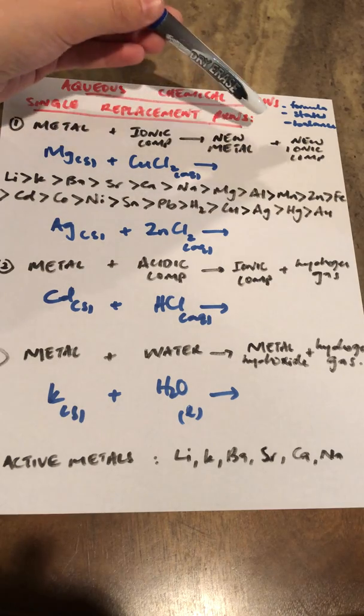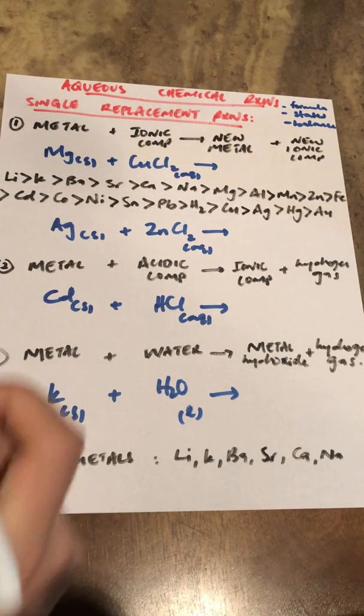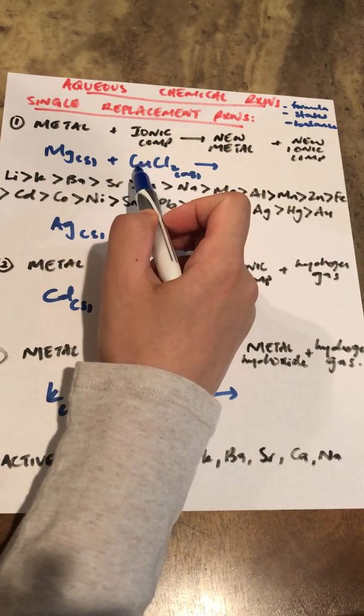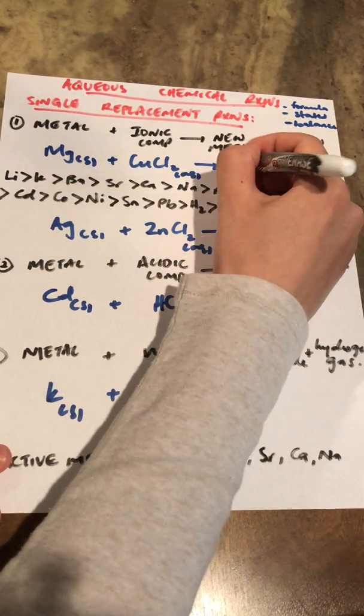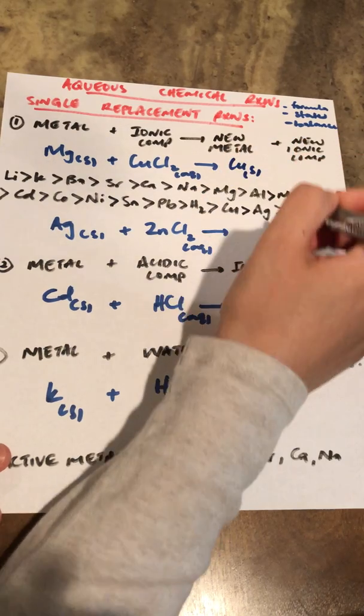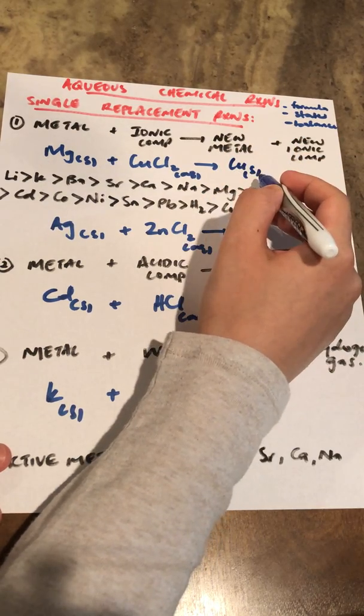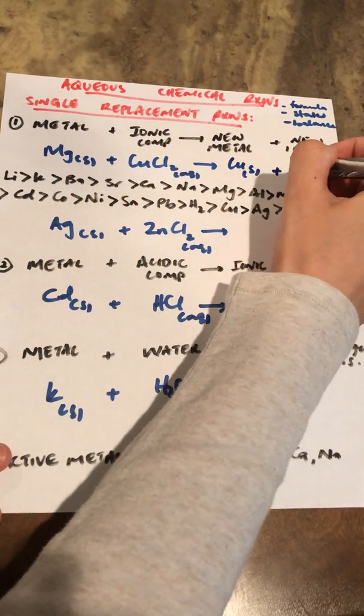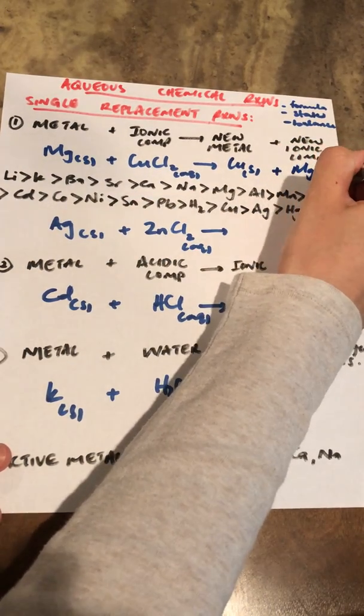So over here we will generate these two products. Magnesium will displace copper, kick copper out of its spot, generating copper as the first product. Copper is in solid state. And then magnesium pairs with chlorine to form magnesium chloride.